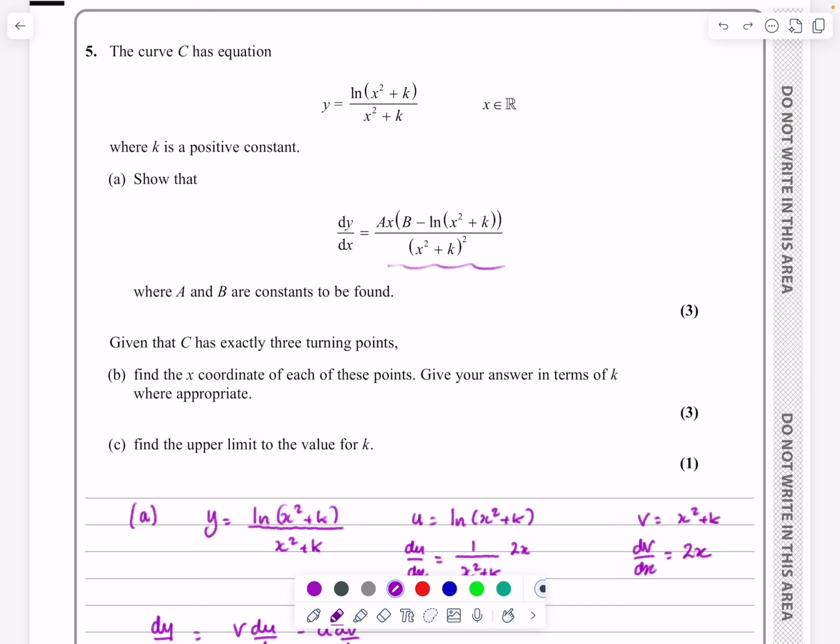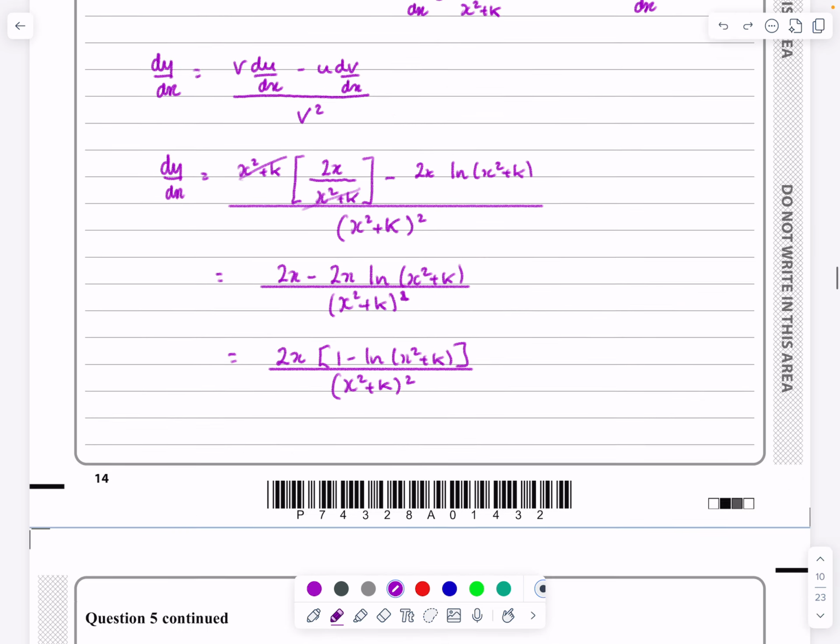So part B says, given that C has exactly 3 turning points, can we find the x coordinate of those turning points? So just the x coordinate for the turning points. And dy by dx equals 0 is going to be the way to find a turning point.